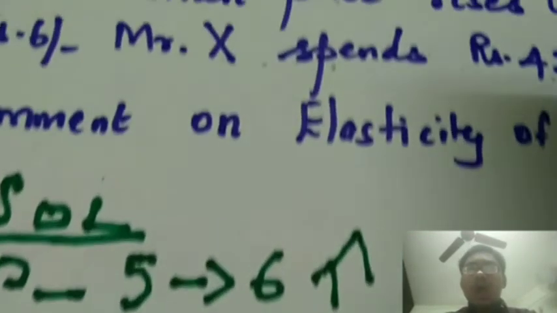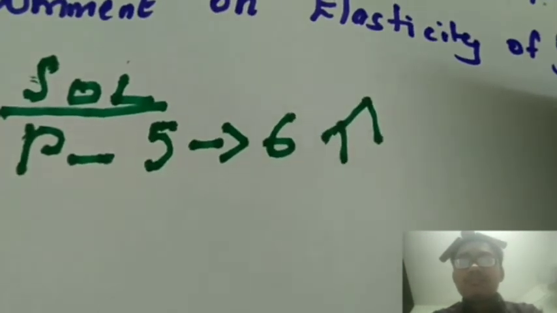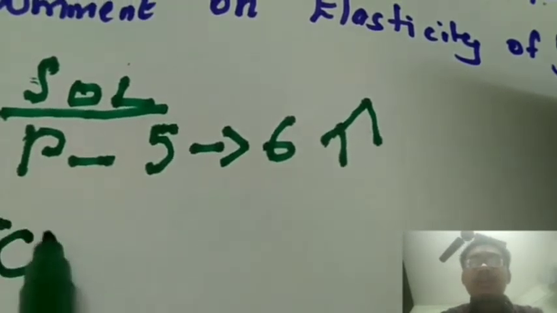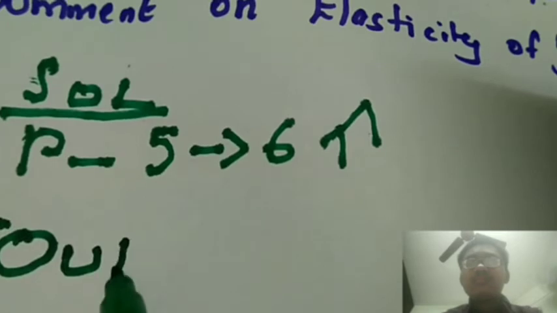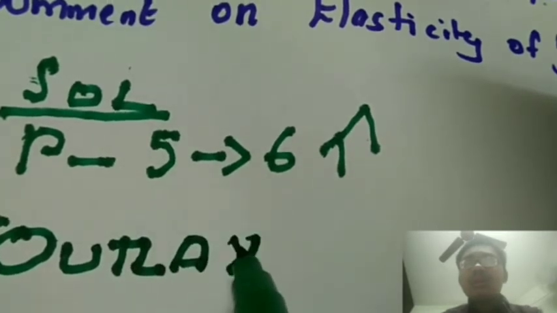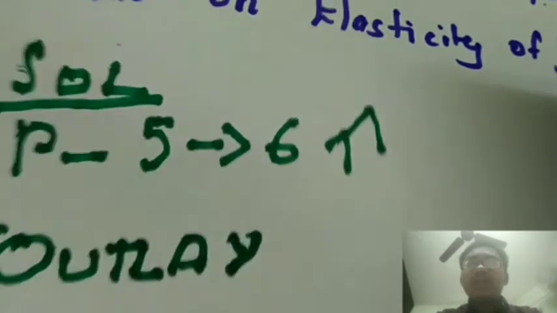What happens to outlay? Because we are only using the outlay method. What about the outlay?